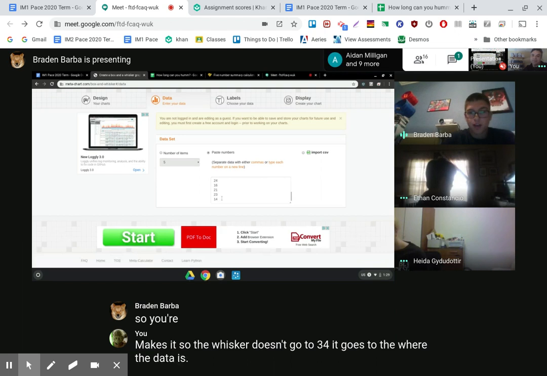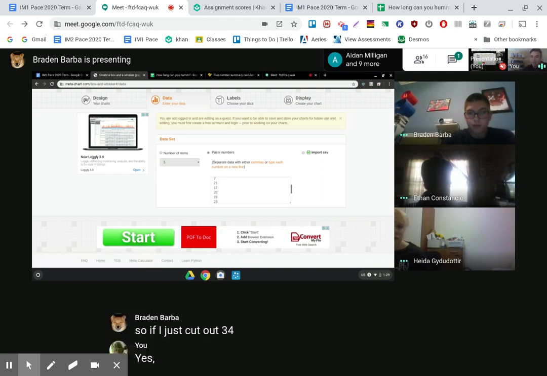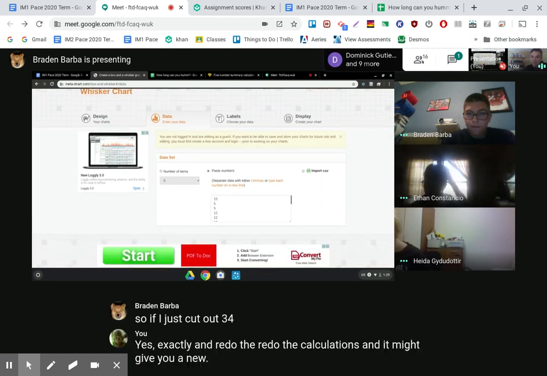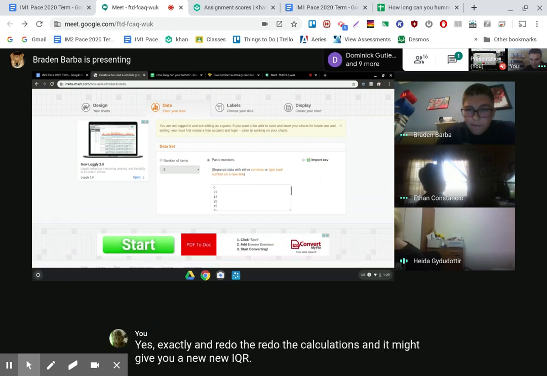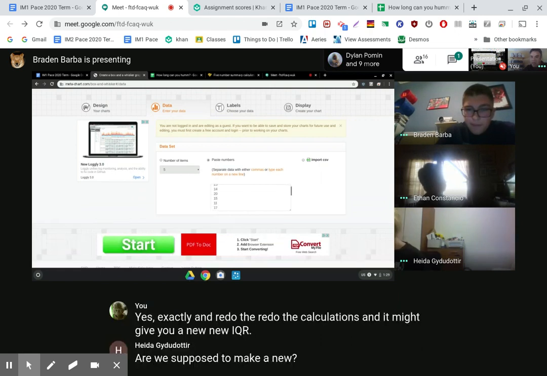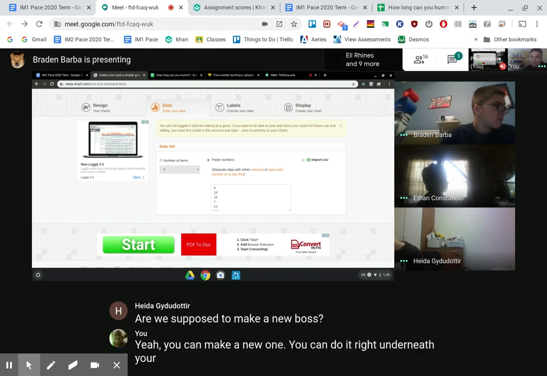So if I just cut out 34 and redo the calculations, it might give you a new IQR. So are we supposed to make a new one? Yeah, you can make a new one. You can do it right underneath your number line.